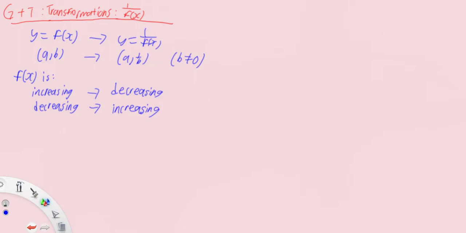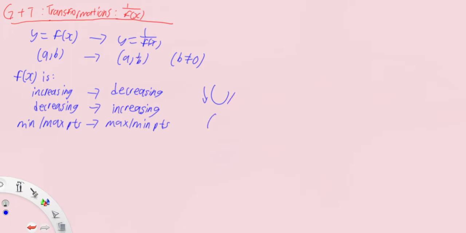Now, speaking of increasing and decreasing, we have our minimum and maximum points. Again, not including x-intercepts. If we have minimum and maximum points, it would then be maximum and minimum points with the same idea. At a minimum point, we have our denominator decreasing, which means that our value is increasing.